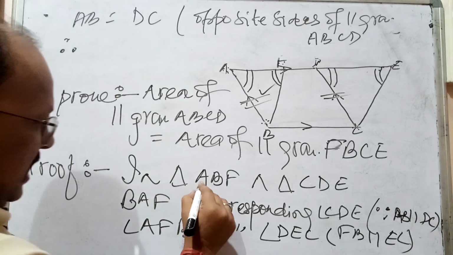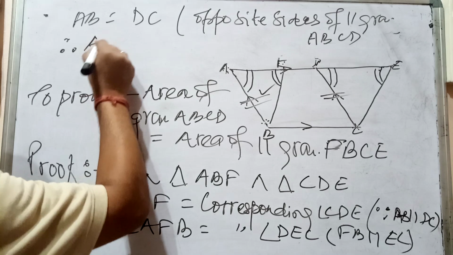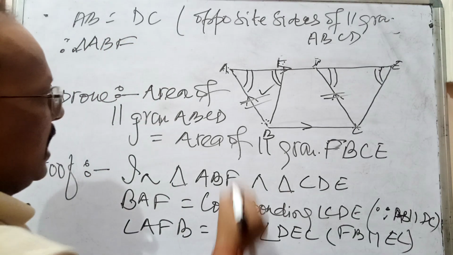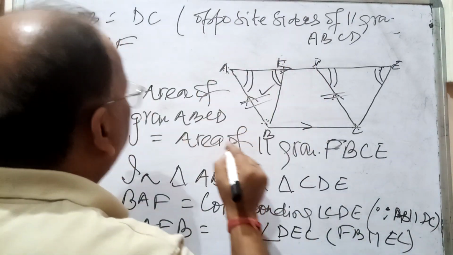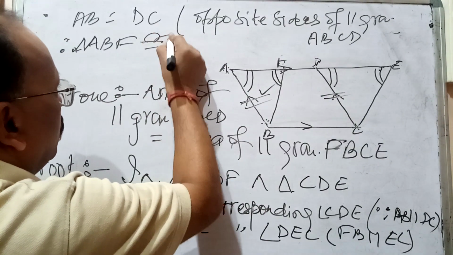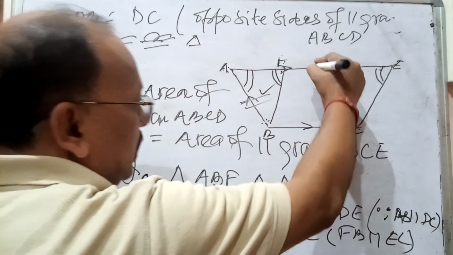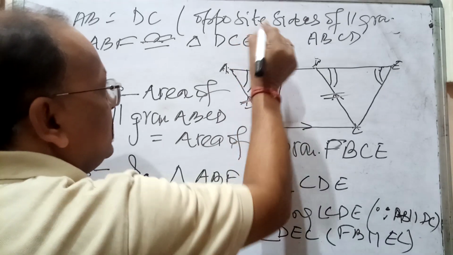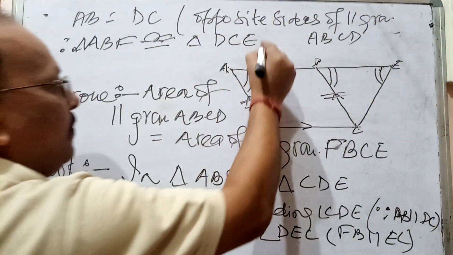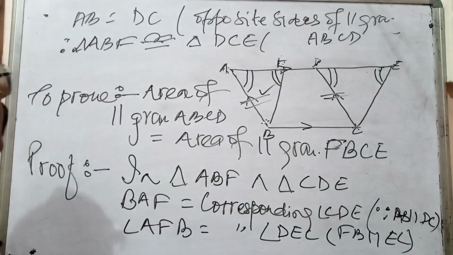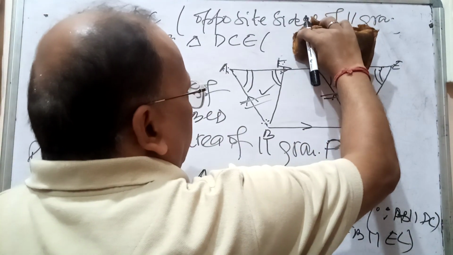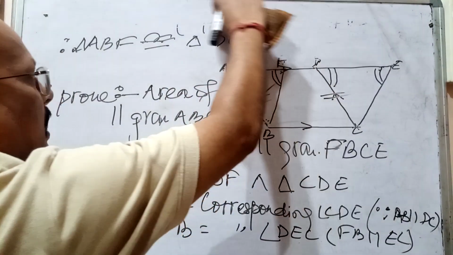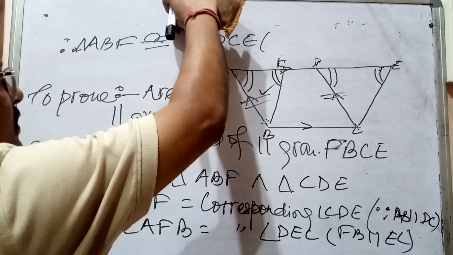Therefore, triangle ABF is congruent to triangle DCE. By what condition? Two angles and one side, by angle side angle. So we proved it. I'm sorry, there is no place.